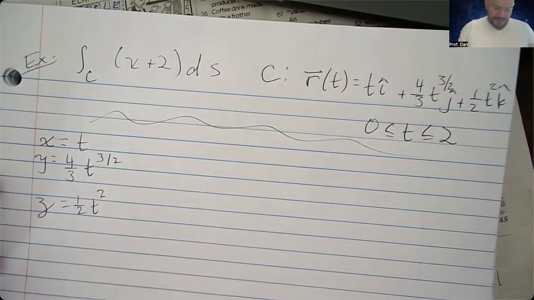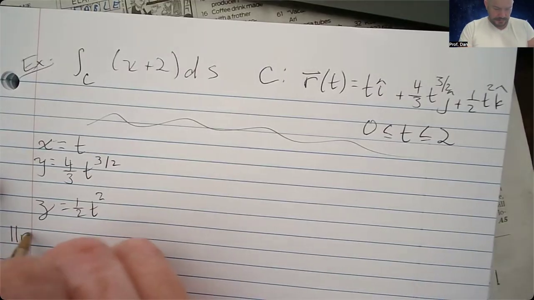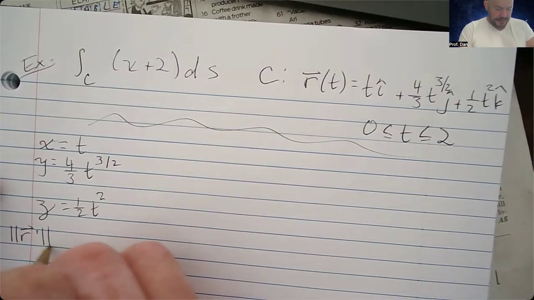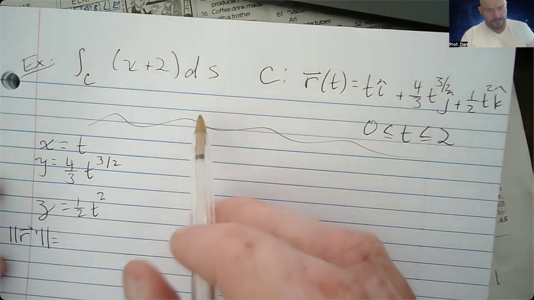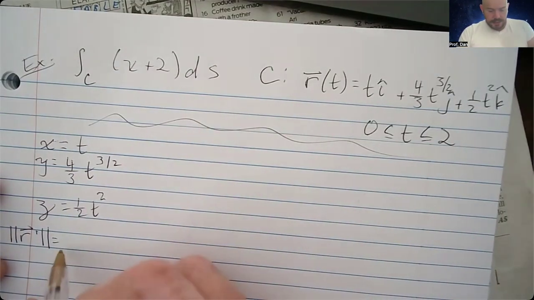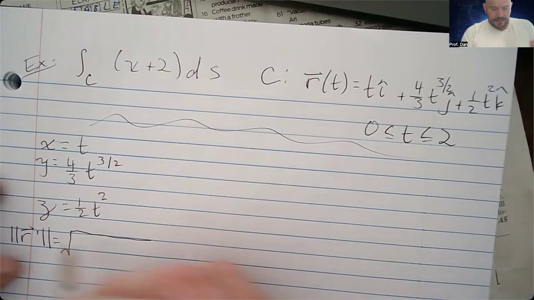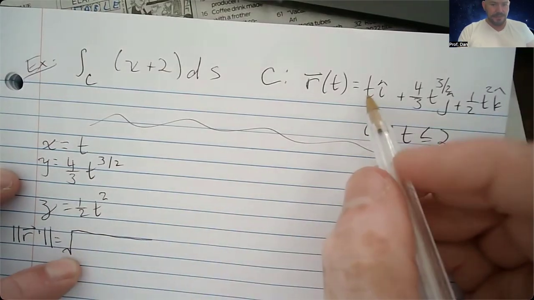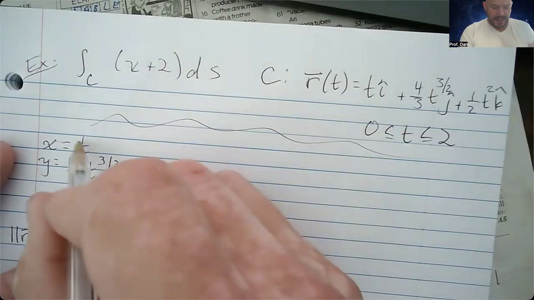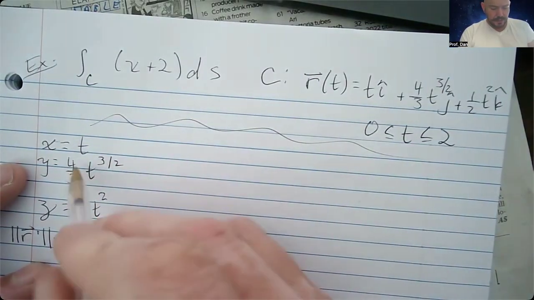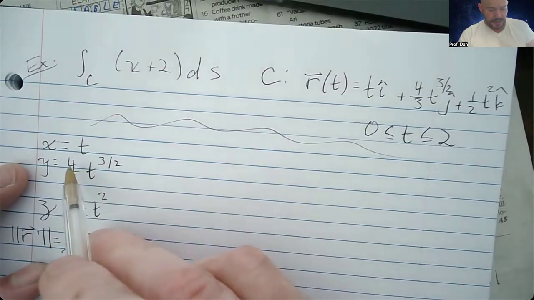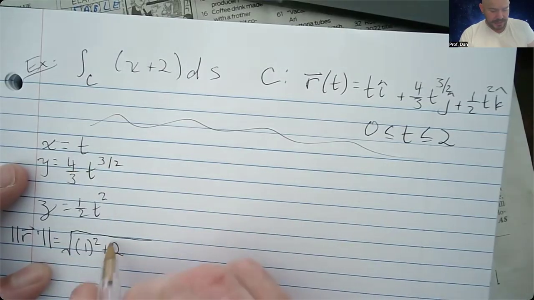Now that I know my parametric equations, I need to figure out the magnitude of r prime so that I can convert the differential as well. So that's going to be the square root of, and then remember, differentiate first. So the derivative of x with respect to t is 1. The derivative of y with respect to t is going to be 2t to the 1/2.